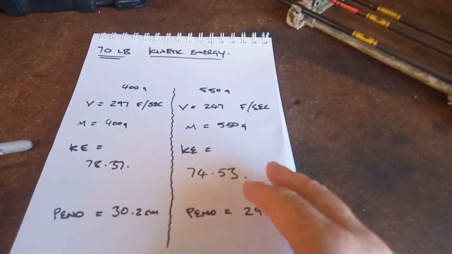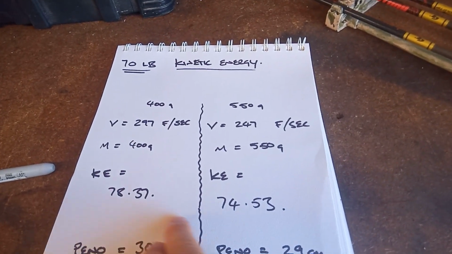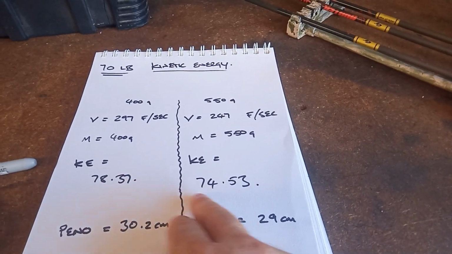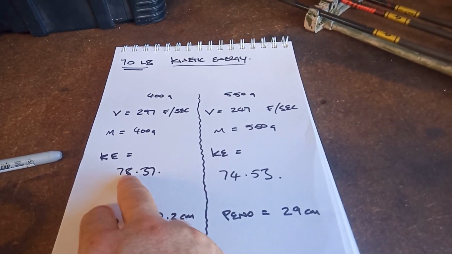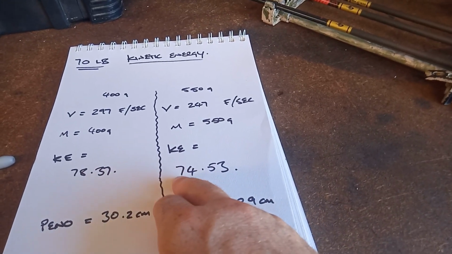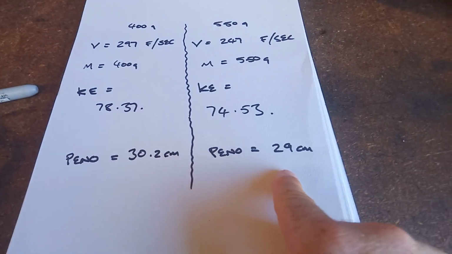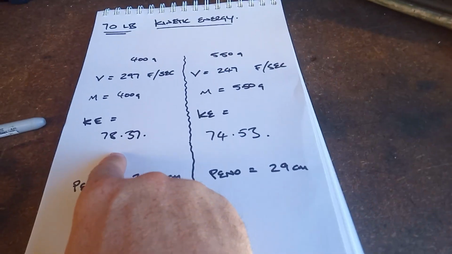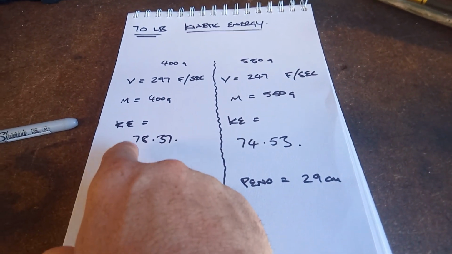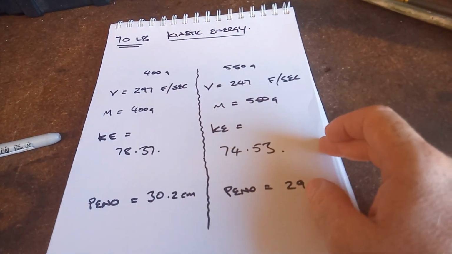So if we have a look at kinetic energy, we can see that the kinetic energy of the lighter arrow is slightly greater than that of the heavier arrow. The kinetic energy is 78.37 foot-pounds, and the kinetic energy of the heavier arrow is 74.53 foot-pounds. And if we go down to our penetration, the lighter arrow, it's not a light arrow, it's just lighter than the other one, right?